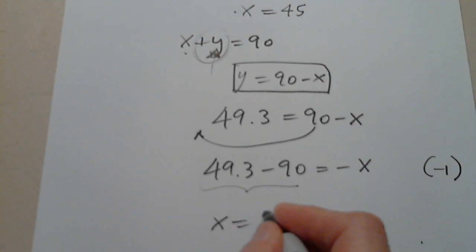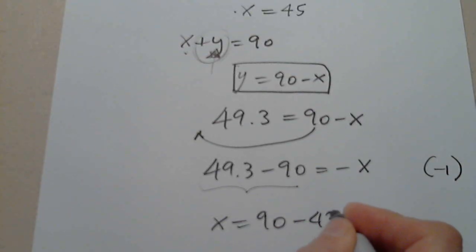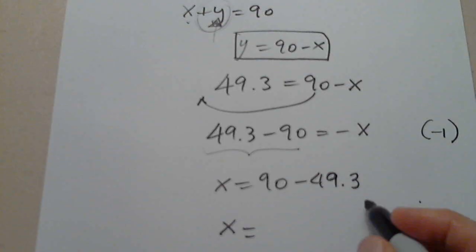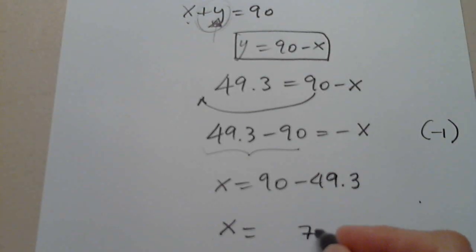And I get X equals 90 minus 49.3. So when I subtract, I get what? I get a 40.7 degrees.